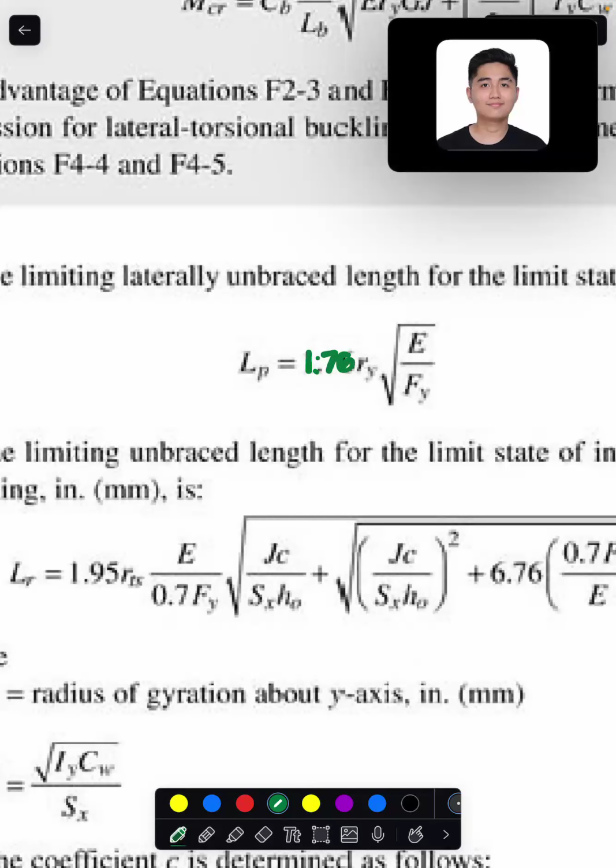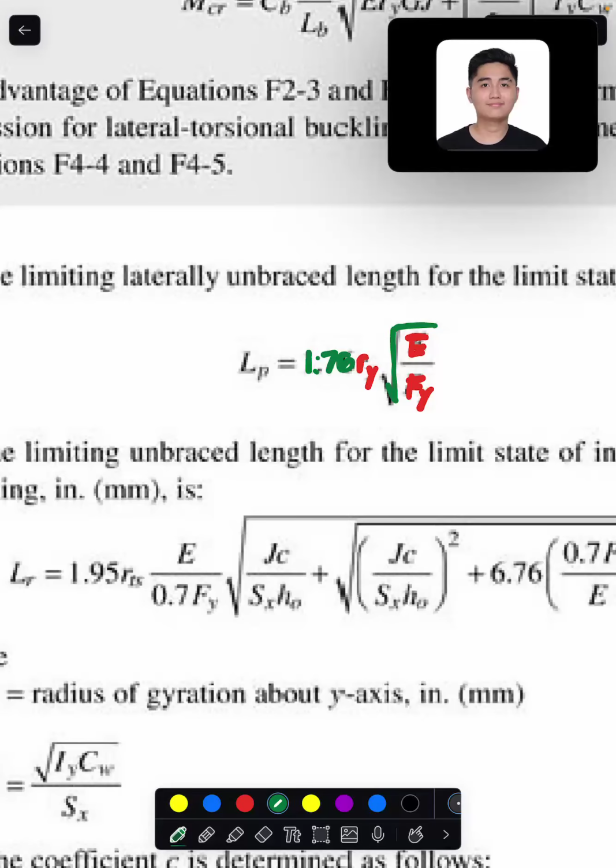Tapos yung R sub Y na pwede mong makita sa table 1-1, kasi ito yung sa weak axis na radius of gyration. Tapos meron kang E, tapos yung Fy, depende kung anong strength. Yun yung L sub P natin. Kunin mo yung square root nun, and you have the computations for L sub P.